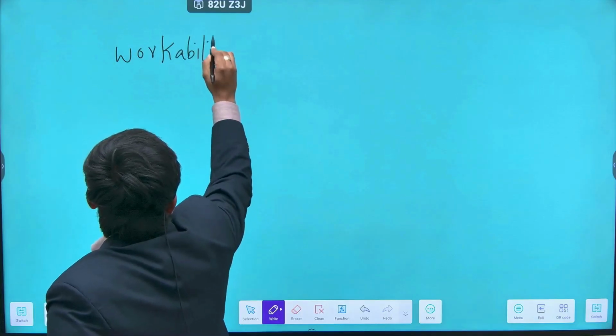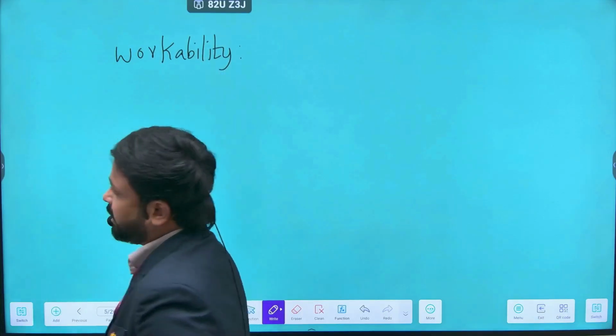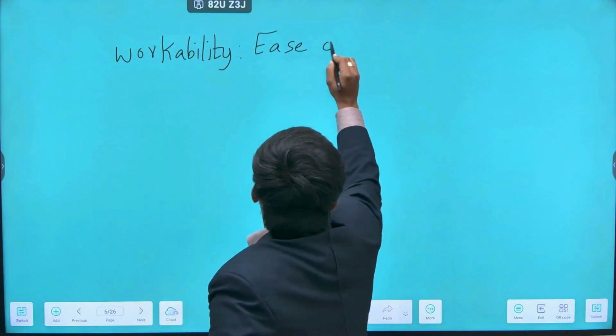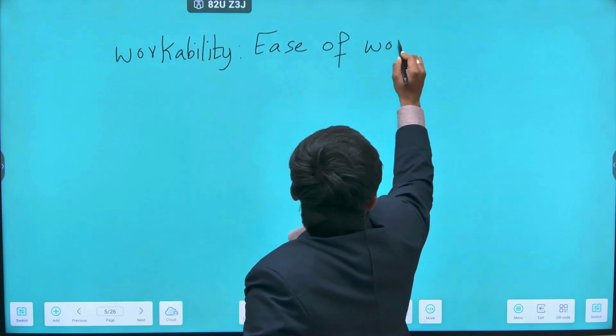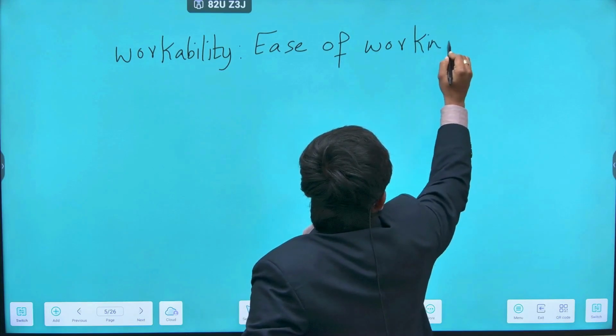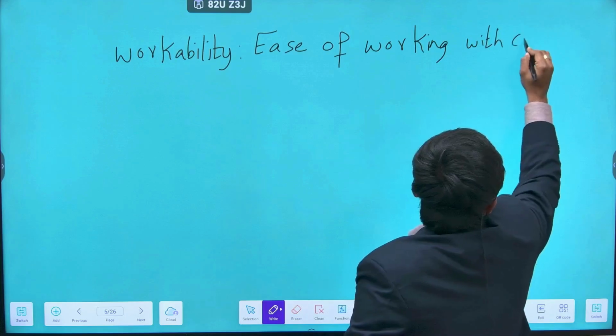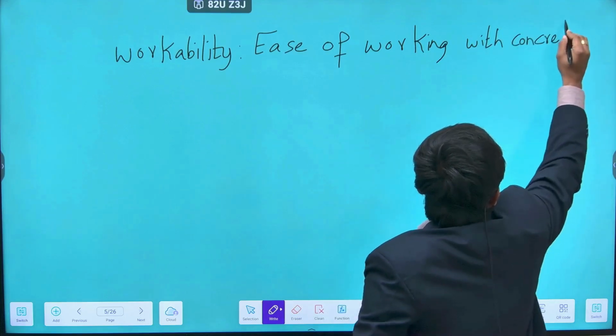So then what is workability? Workability is nothing but ease of working with concrete.